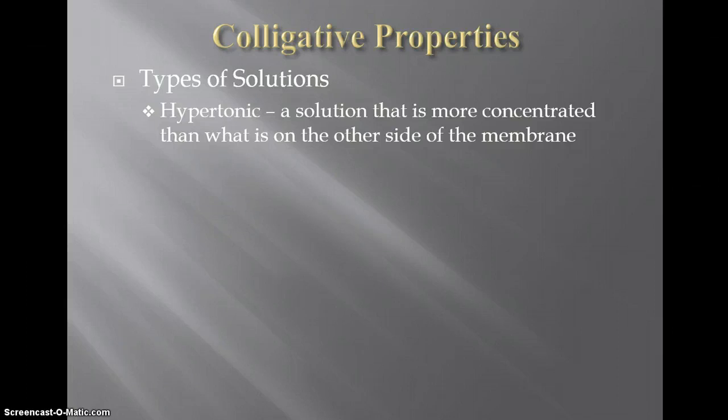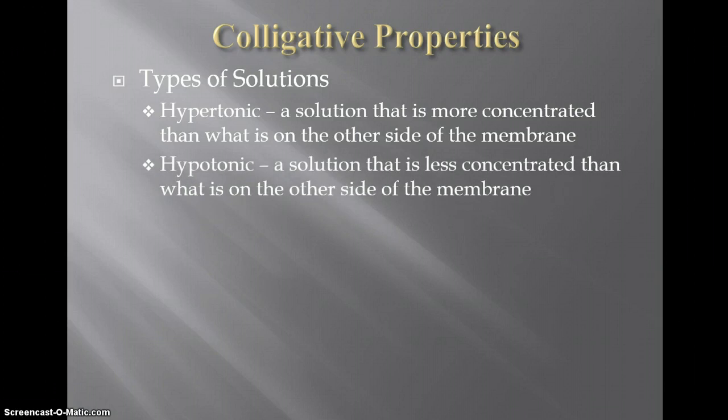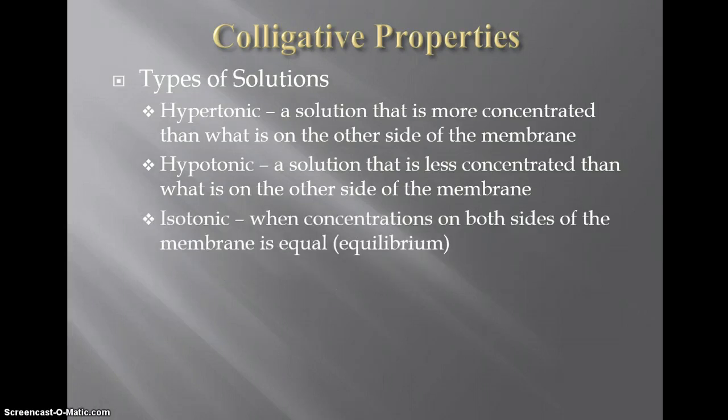We call that hypertonic because the concentration is above, that's what hyper means, above whatever the other solution is on the other side of the membrane. A hypotonic solution is one that is less concentrated than what is on the other side of the membrane. And then the last one here is what's called isotonic, when concentrations on both sides of the membrane are equal.